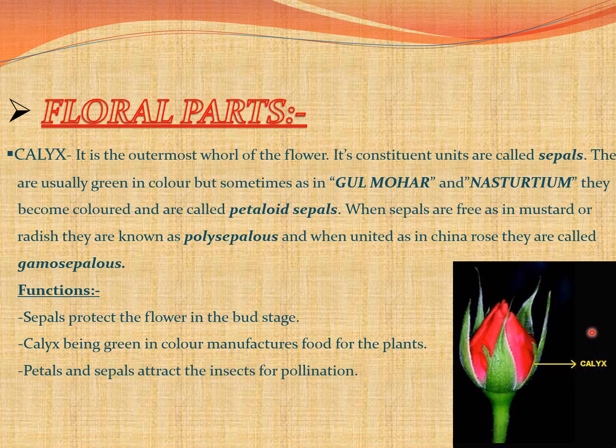Now, these sepals are green in color, but sometimes, as in gulmohar and nasturtium, they become colored. So they are called petaloid sepals. When the sepals are free from each other, as in mustard or radish, they are called polysepalous. And when they are united, as in China rose, we call it gamosepalous.